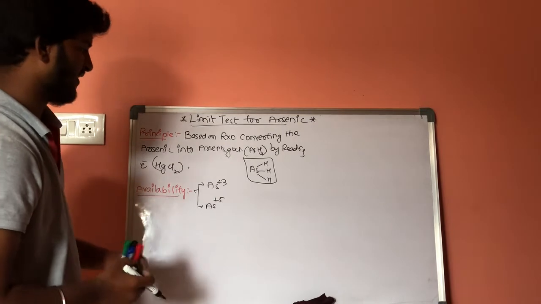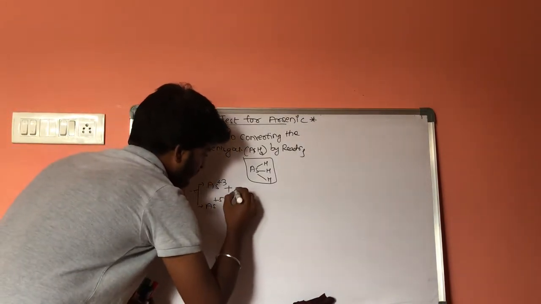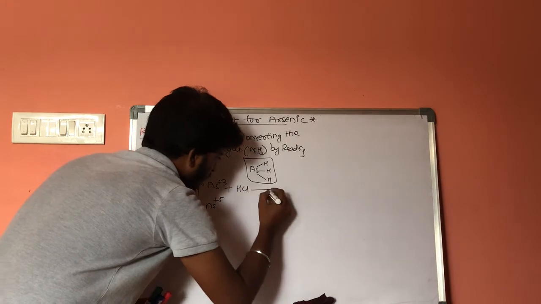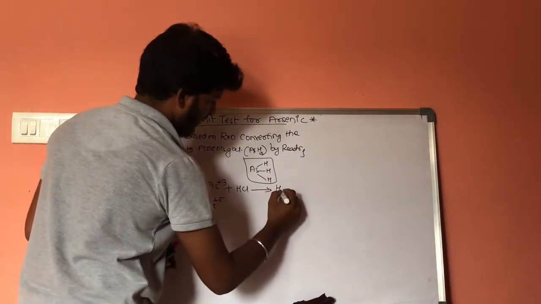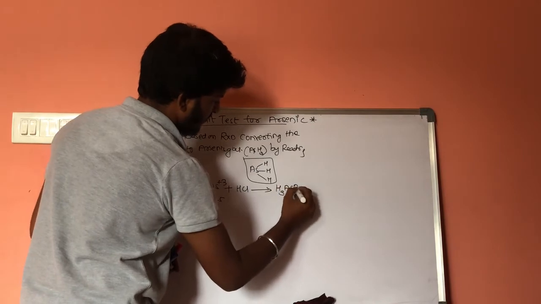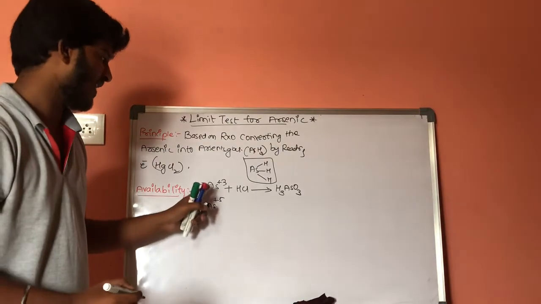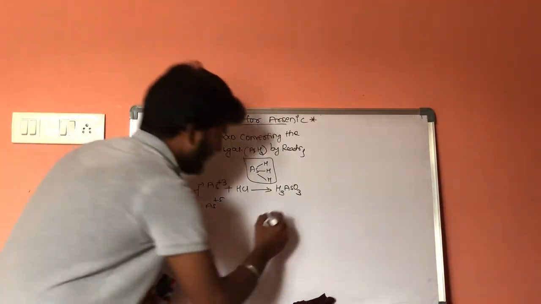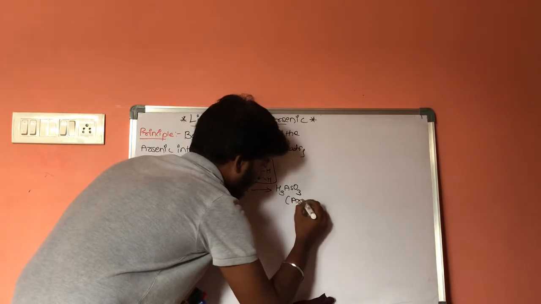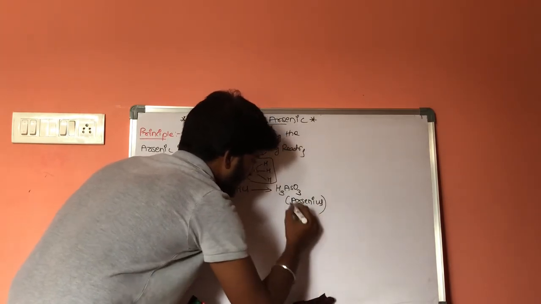This AsH3 will react with HCl to form H3AsO3. The trivalent form of arsenic will react with the HCl to form arsenious acid. This is arsenious acid.